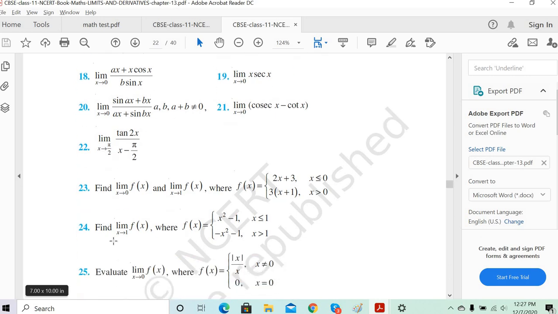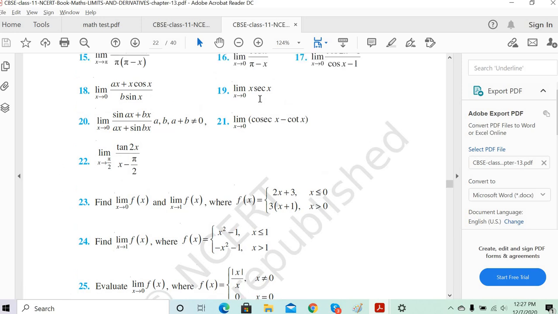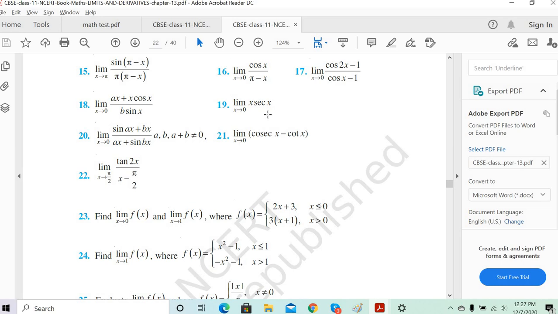Next doubt, Tanisha, next question. Yes, sir. Also the 19th one as well. 19th also, okay. x by secant x. So secant x can be changed to 1 by cos x.